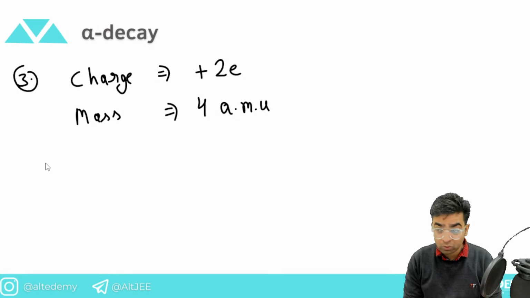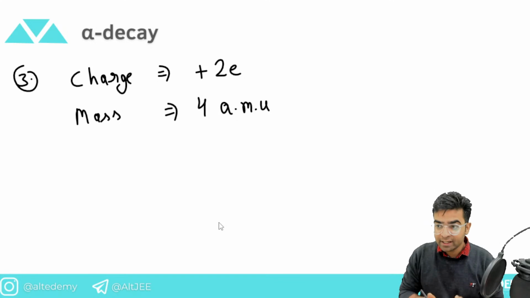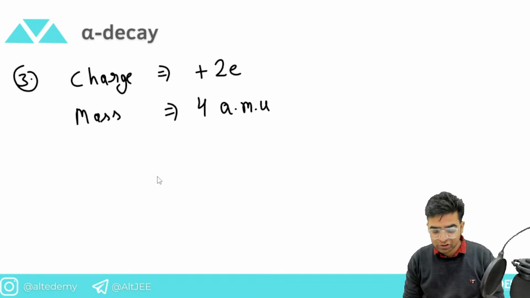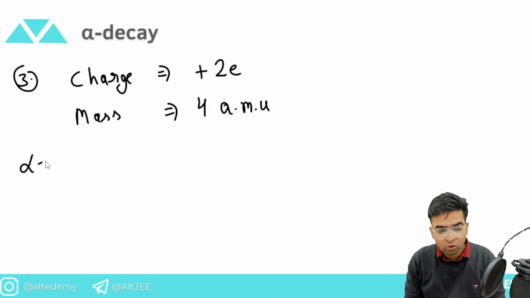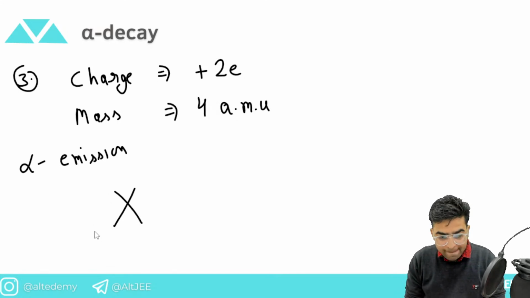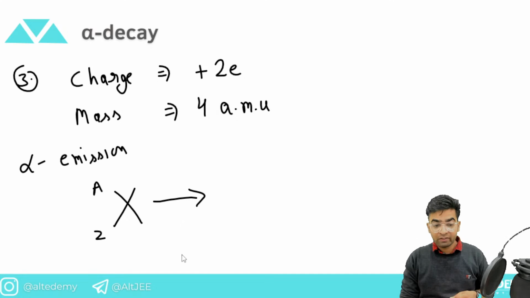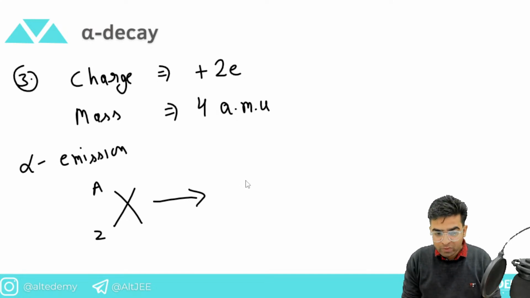After that, how does it happen in reactions? If we talk about alpha emission, there is an X atom with atomic number Z and mass number A. If it goes through alpha decay, what will happen?